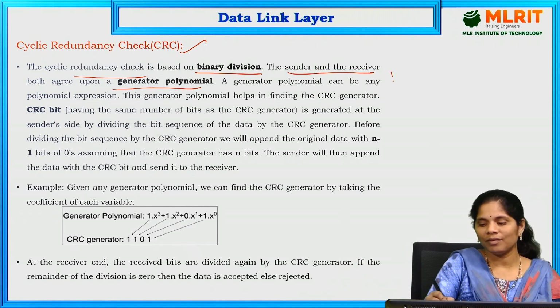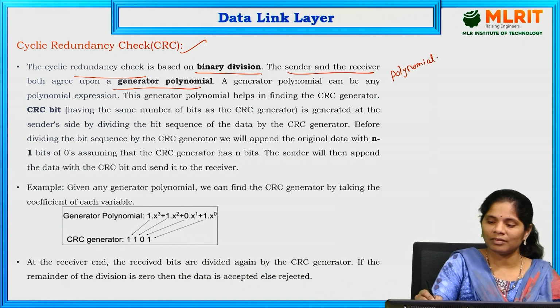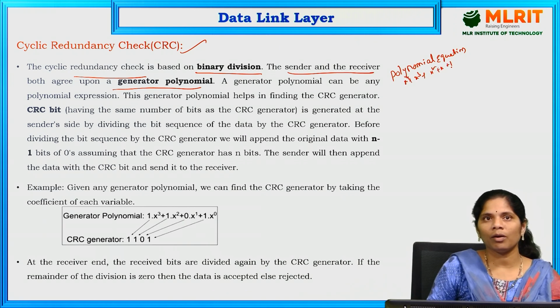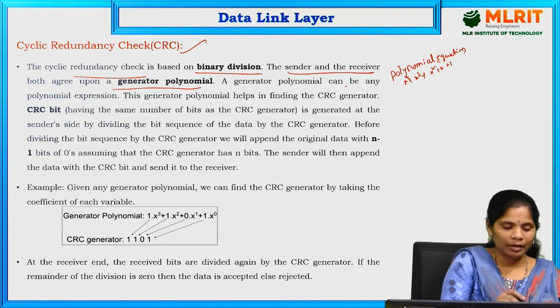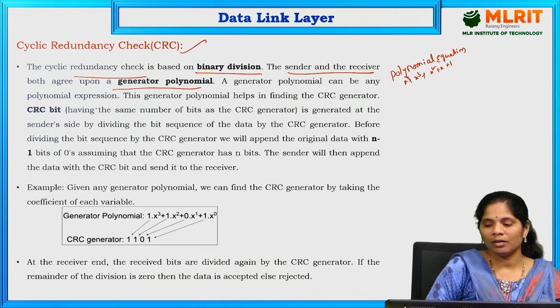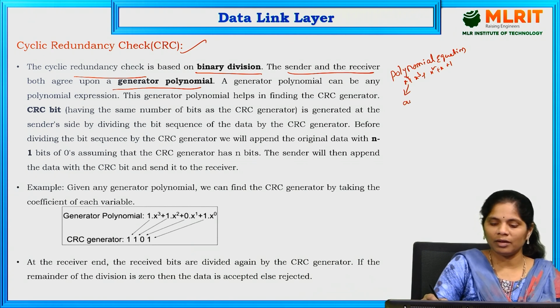In maths we discussed polynomial equations, like x power 4 plus x cube plus x square plus x plus 1. These types we call a polynomial equation. Based on that it is going to work. This polynomial can be any polynomial expression.